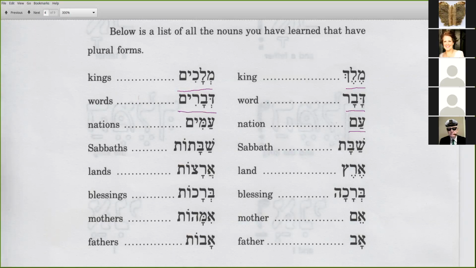One nation, many nations, amim. Shabbat, for one Sabbath, many Sabbaths, Shabbatot. Eretz, one land, many lands, aratzot. Just a single blessing, barakah. Multiple blessings, barachot. Single mother, aim. Many mothers, imahot. Single father, av. Many fathers, avot. Okay.